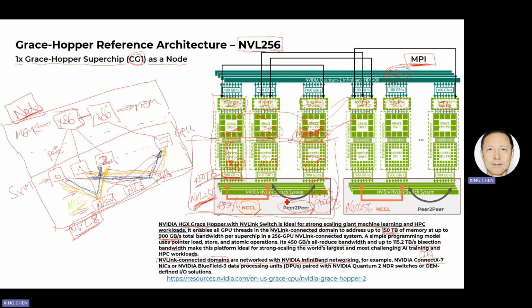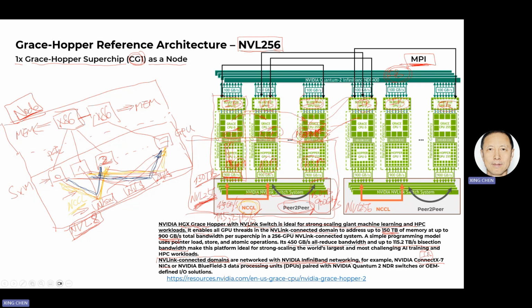And depending on the size of the NVLink network and the technology used, the bisectional bandwidth for this NVL 256 domain is going to be 115.2 terabytes per second. We have got these two parameters: one is for the peer-to-peer memory access, and the other one is for the NCCL communication.